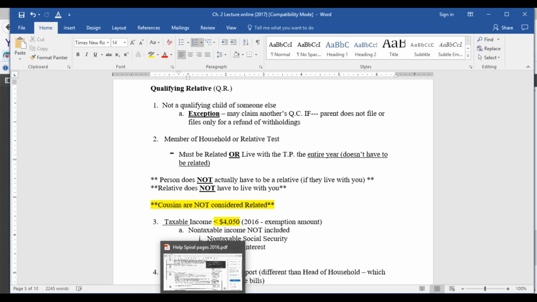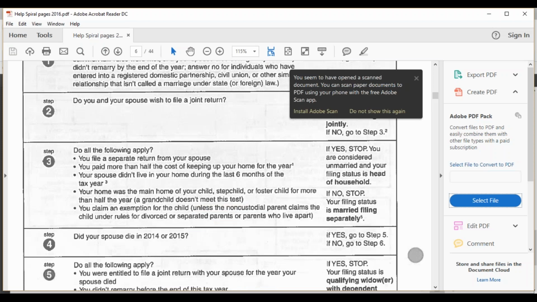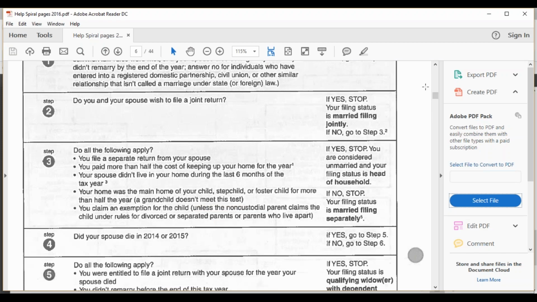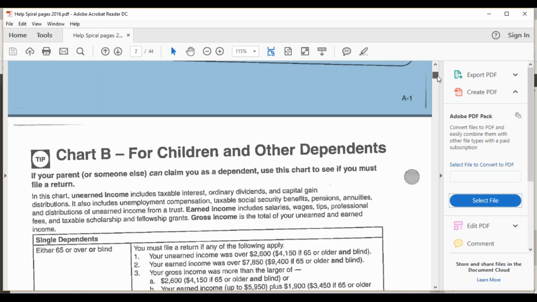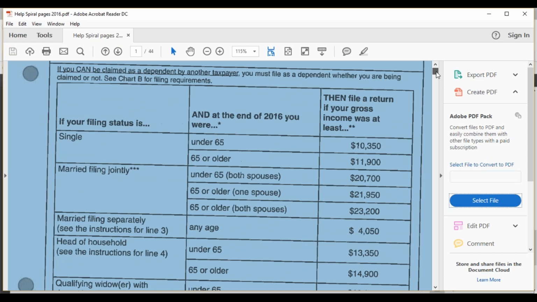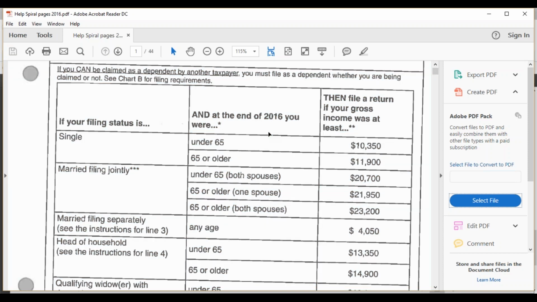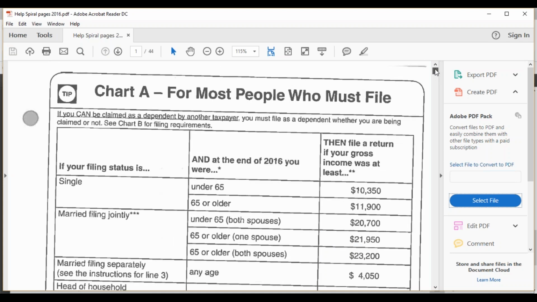And then also back in the IVY Learn at the very top in the resources, I have something called help pages, help spiral pages. I went through something that I got from the VITA site, and I pulled out different items that I thought were the most relevant for our class. This first page deals with, well, who exactly must file?